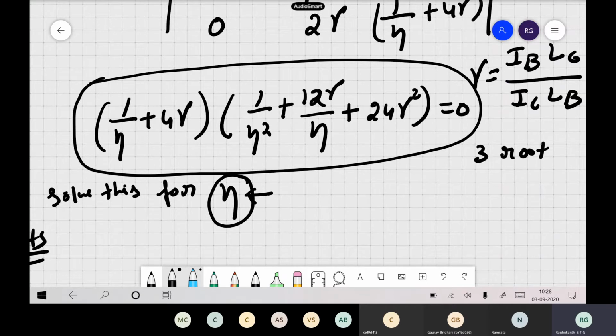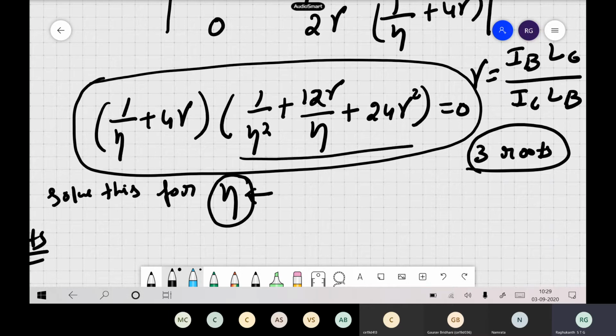Now, which root will you take generally? It should be a cubic equation, but because of some symmetry in the problem, you have one quadratic equation for eta square, and one ordinary equation, like a straight line.